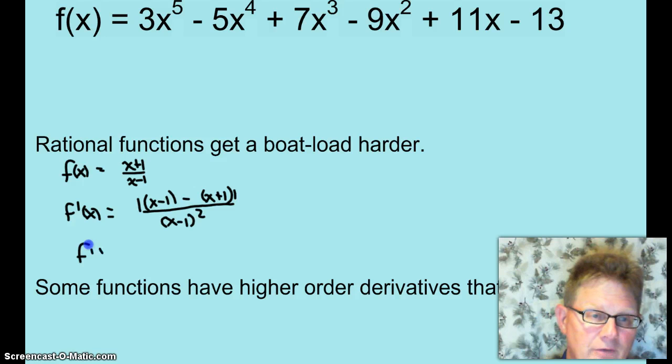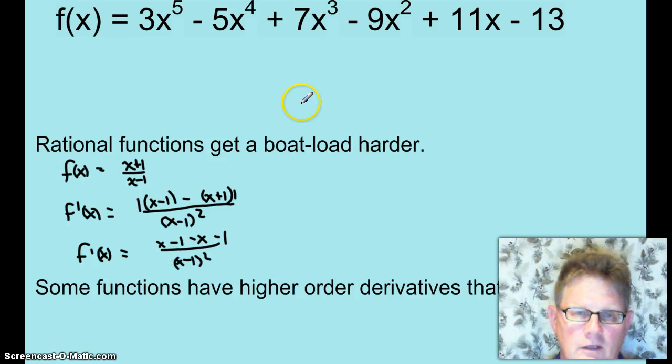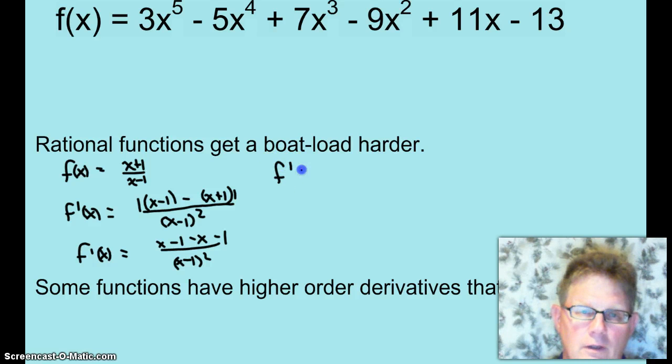So f prime of x equals x minus 1 minus x minus 1 all over x minus 1 quantity squared. Alright, it's taken us just about 5 pieces of paper to figure out that f prime of x equals negative 2 over x minus 1 quantity squared.